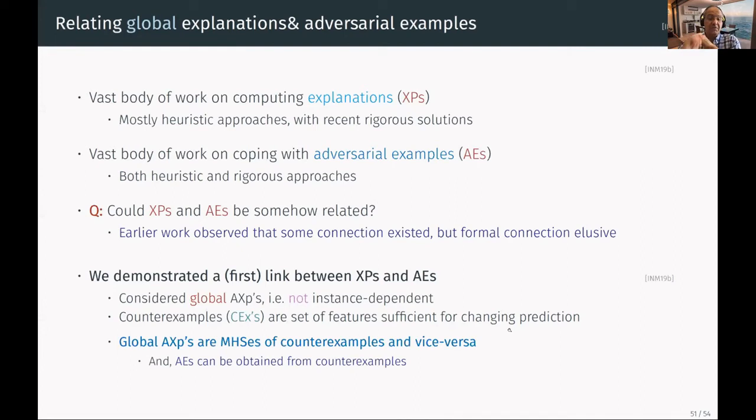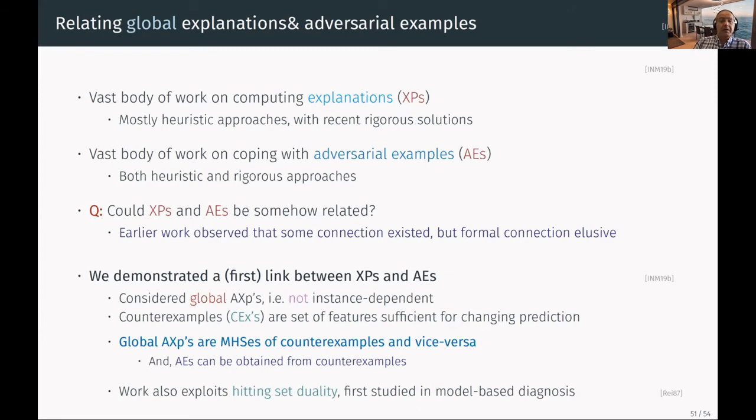And so we showed in this paper that the global AXPs, so all of the prime implicants, are minimal hitting sets of the counterexamples and vice versa. We also showed that if you want an adversarial example, essentially you can work from a counterexample, because you are guaranteed to change the prediction. And again, this is also based on Reiter's hitting set law.